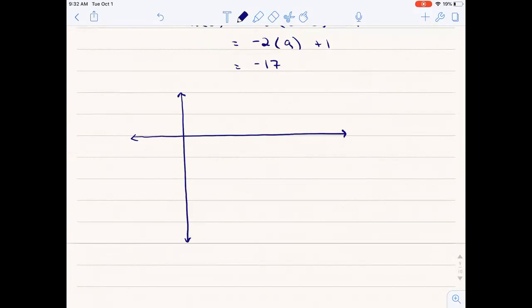I need y going all the way down to -17. I don't think I managed. Unless I make each of these worth 5, which I can do. How about that? -5, -10, -15, -20. Very approximate.